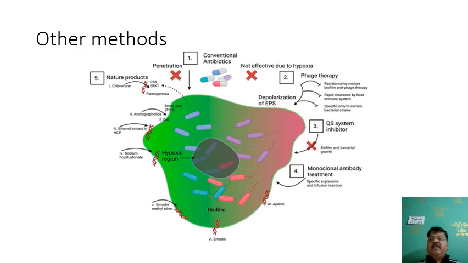Third is inhibition of the quorum sensing system; there is a hypothetical situation where we can inhibit quorum sensing or communication between the bacteria. Fourth, we can use monoclonal antibody treatment. And fifth, natural products can be used for prevention. So these are the other methods of prevention of biofilm formation.